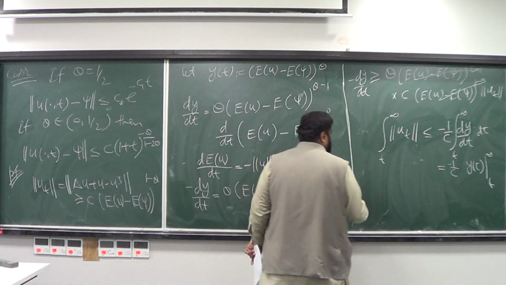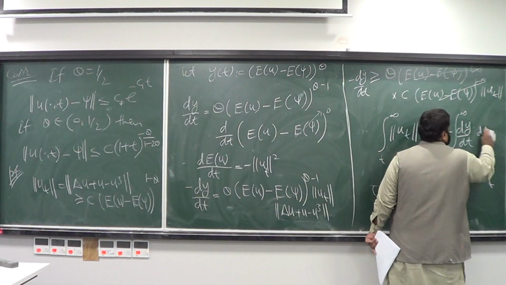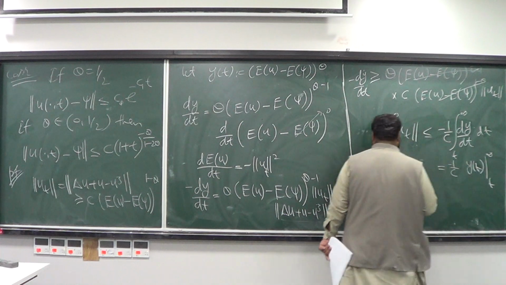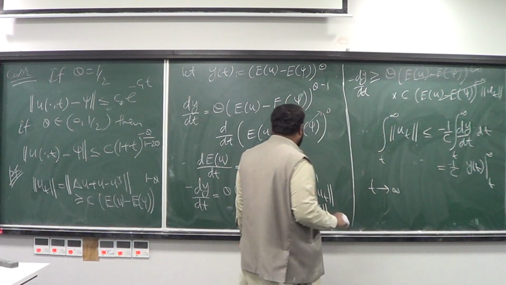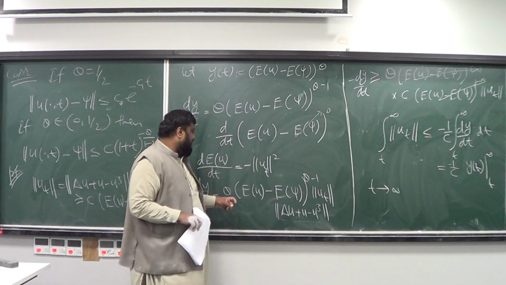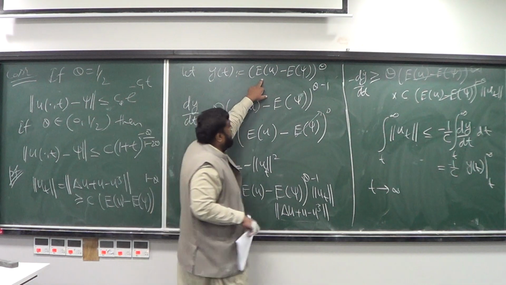Now as tau goes to infinity, and t goes to infinity, it doesn't matter. As t goes to infinity, what is y of t? This is my y of t actually.